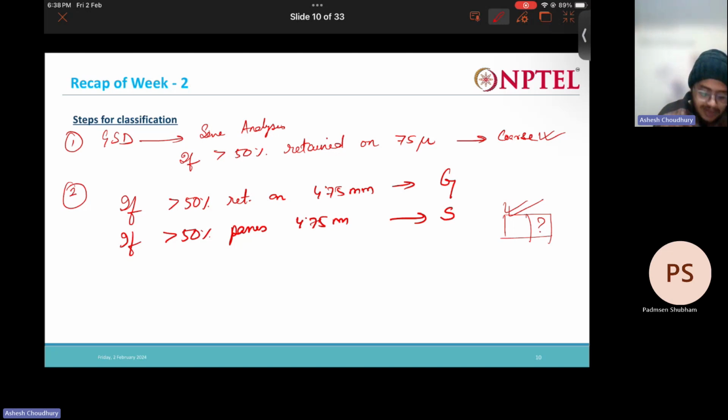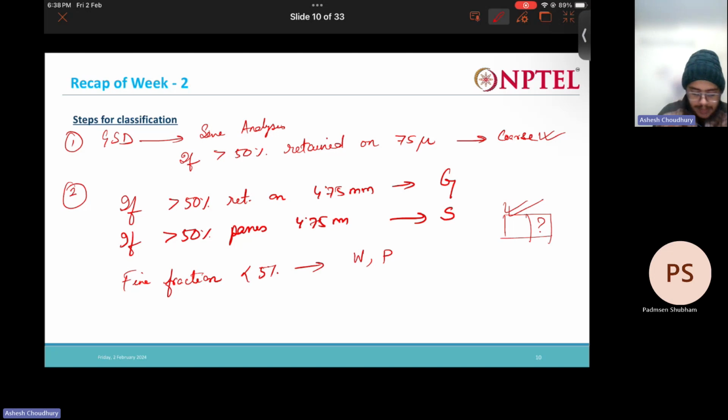Now, in order to identify the suffix, what we have to do is see the fine fraction. Whenever I say fine fraction, that thing should come to your mind: fine fraction means the fraction that is passing through the 75 micron sieve. Now, if the fine fraction is less than 5%, then the suffix will be either well graded or poorly graded, as we discussed in the previous slides.